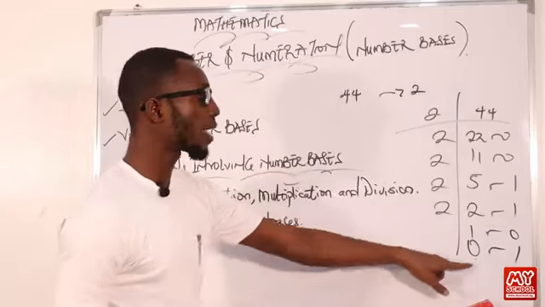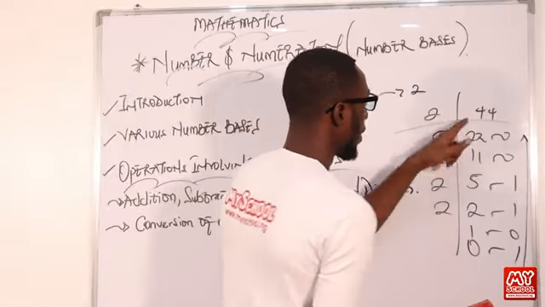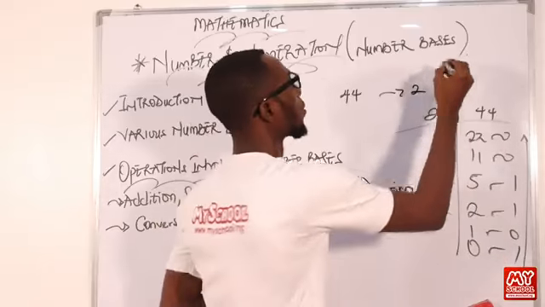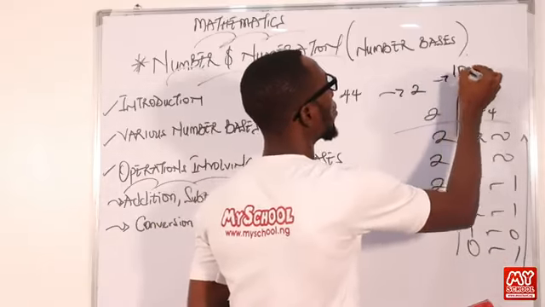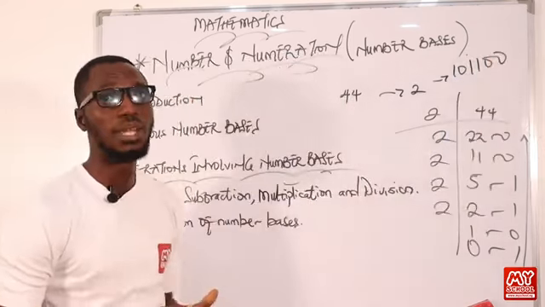You must make sure that your last quotient is 0. So if I compile the remainders from the bottom up, that will be 1, 0, 1, 1, 0, 0. So that is 44 in base 2.